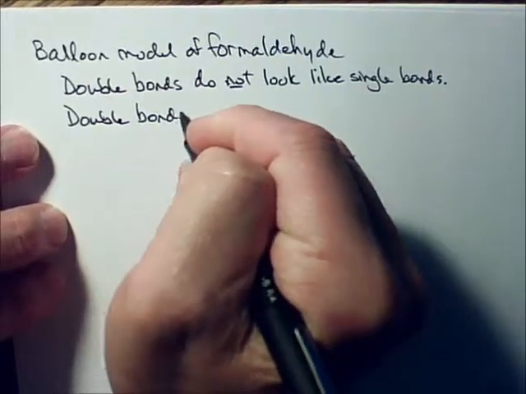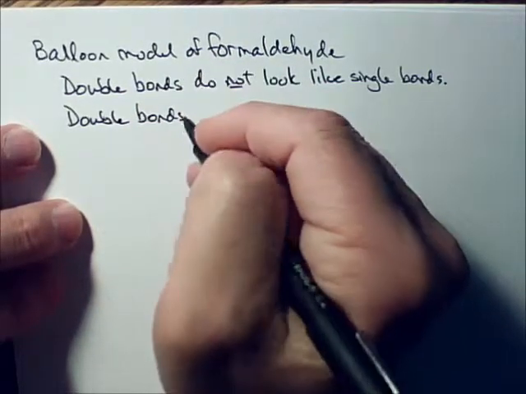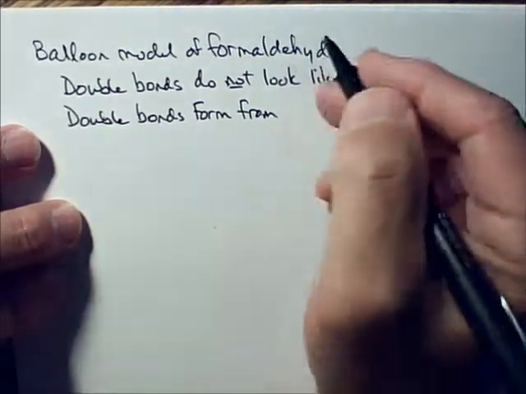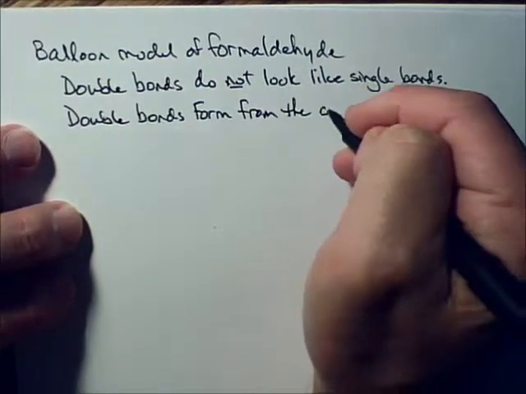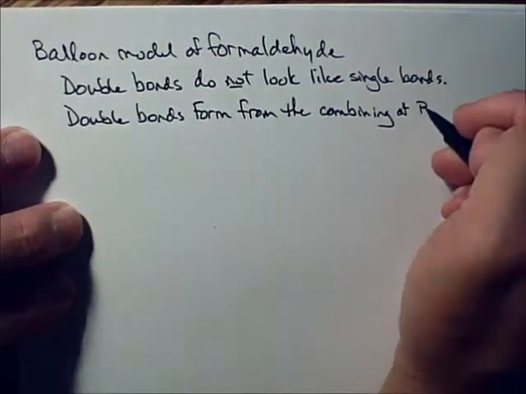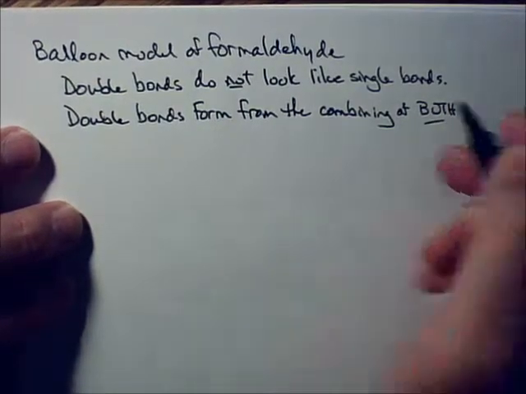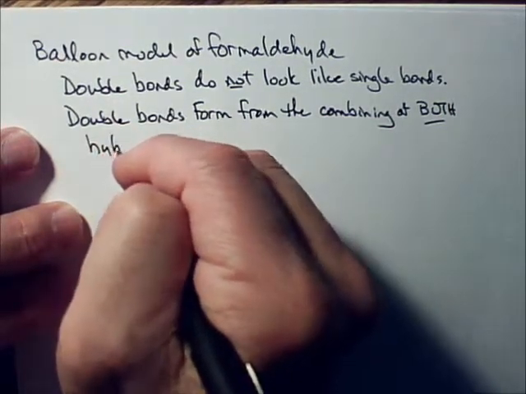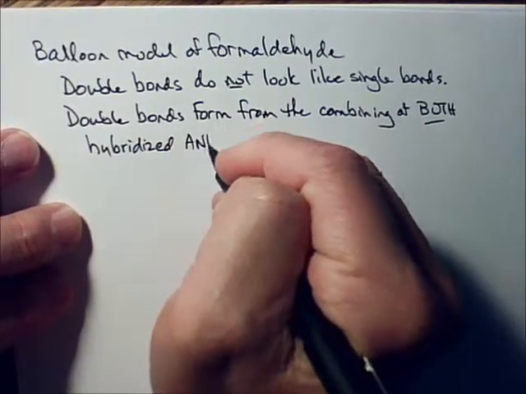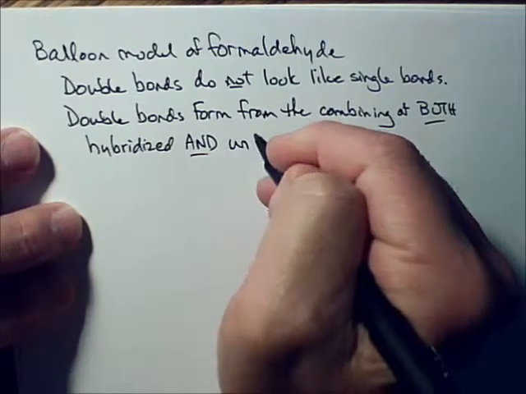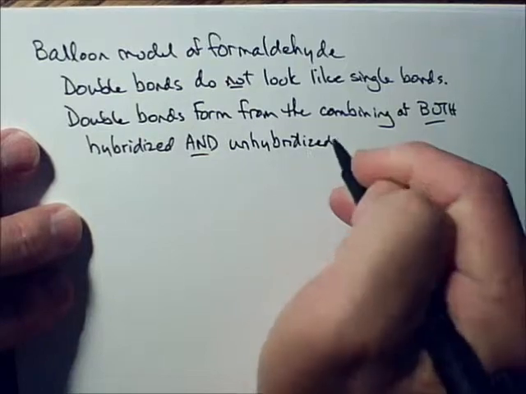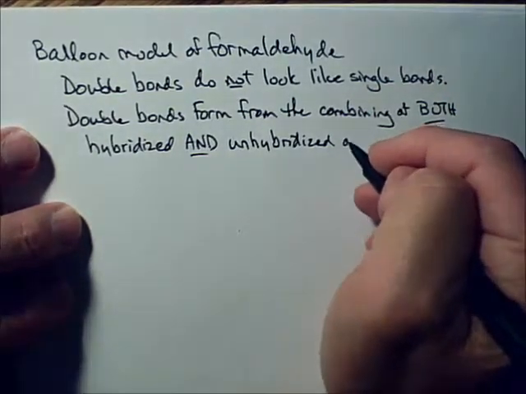Double bonds form from the combining of both hybridized and unhybridized orbitals.